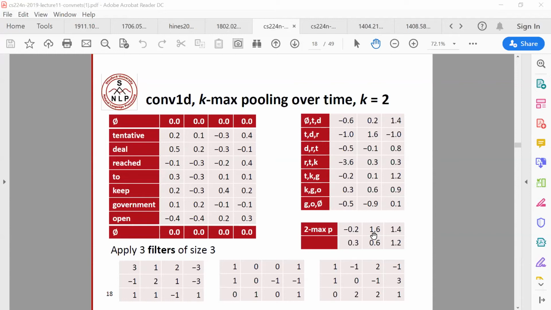So keeping two max implies we want to see if that feature occurred. With k-max, we want to see whether it occurred k times and how high those values are. And if I keep max, I just want to know if that feature occurred at least once in my sentence. Yeah, that's a good point.